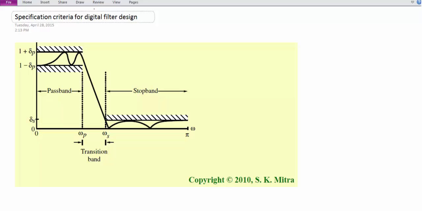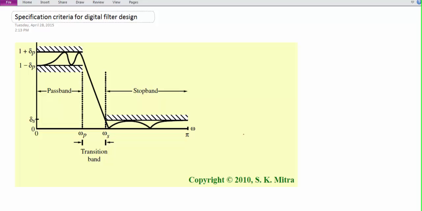So when people design practical FIR filters, they understand the fact that you are not going to have a very sharp cutoff, and you are not going to have a perfect 1 and a 0, or a perfect 2 and a 0, in the pass band and the stop band.